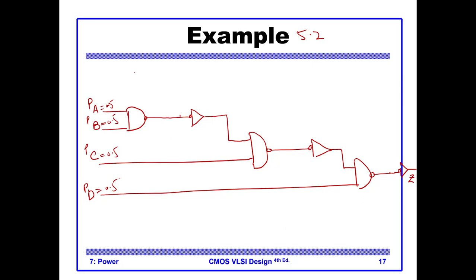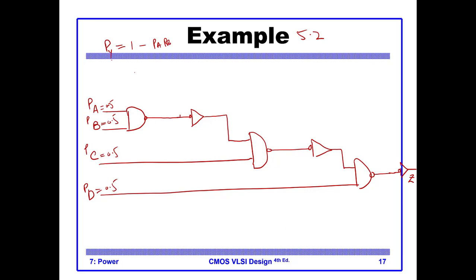The solution is that the probability here, this is a NAND gate. For a NAND gate we have 1 minus Pa Pb.